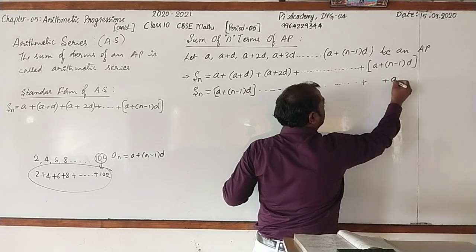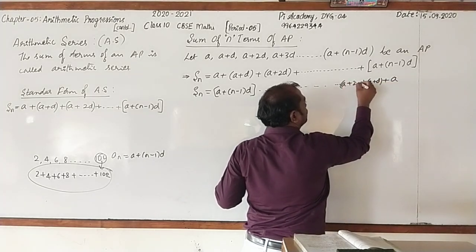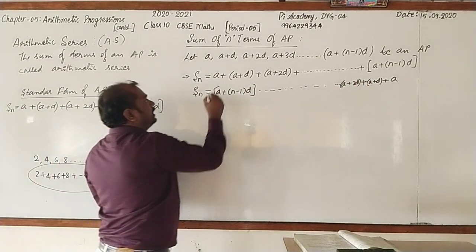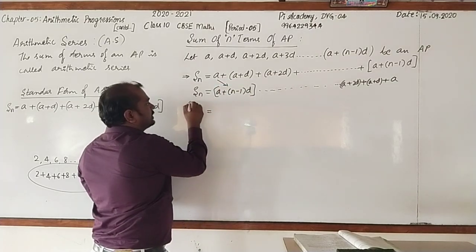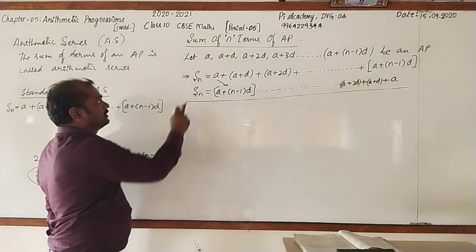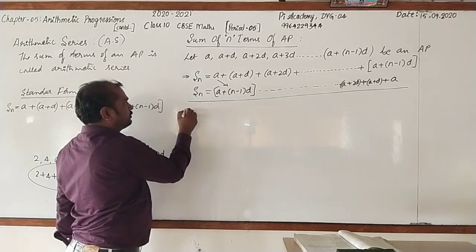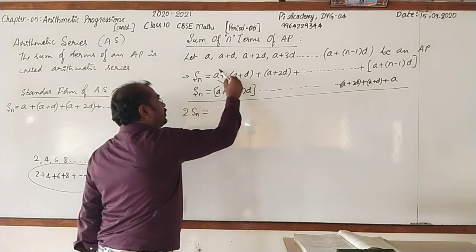You can also write a plus d plus a plus 2d and so on, a plus of n minus 1 into d. Then just go for adding all these. Let us add both the equations. 1 time Sn, 1 time Sn, it will be 2 times Sn. This is equal to, go for adding this.